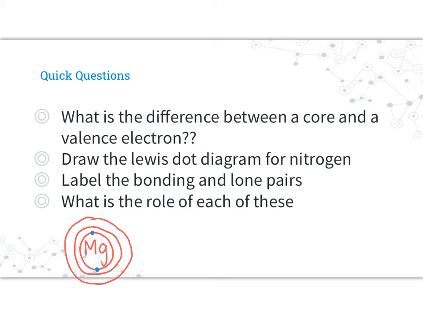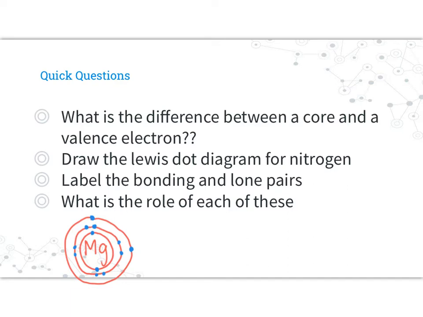The second shell is full and it has 8 electrons, representing a full second period that we have to cross before we get to magnesium. And then the last one has 2 electrons because magnesium is in the second group or column.